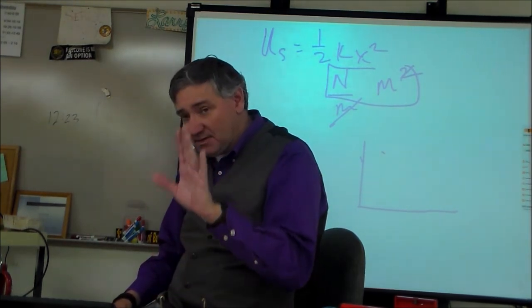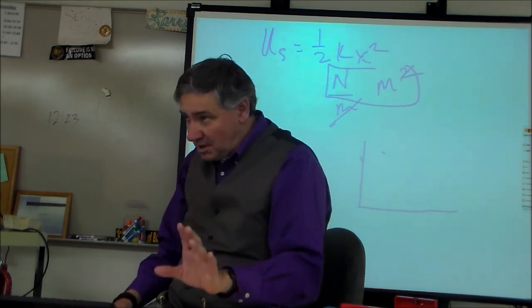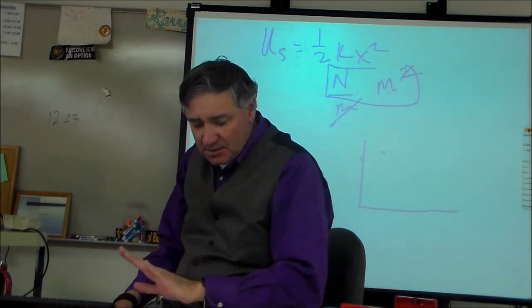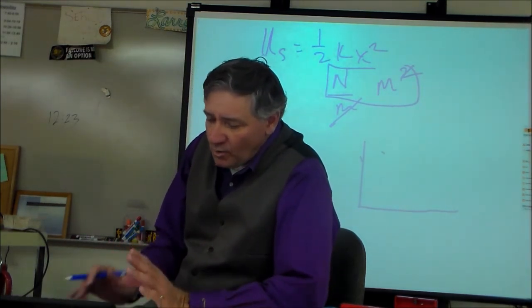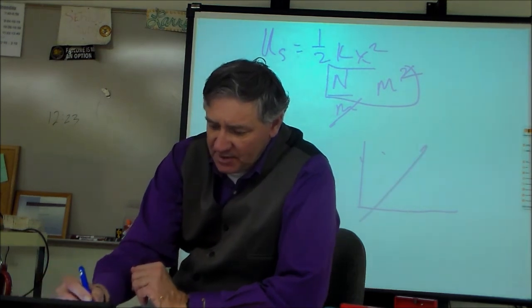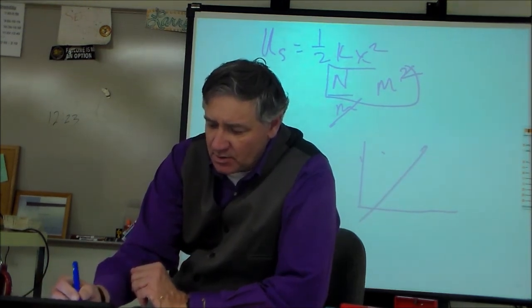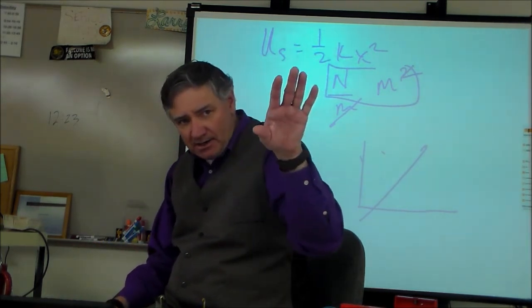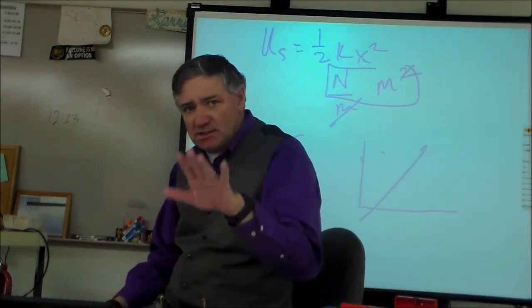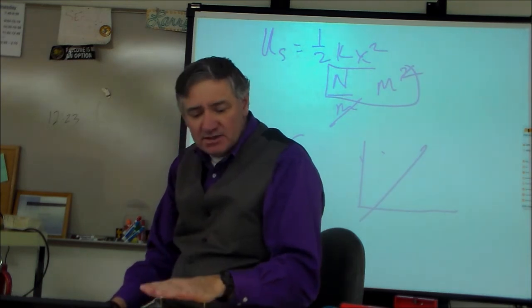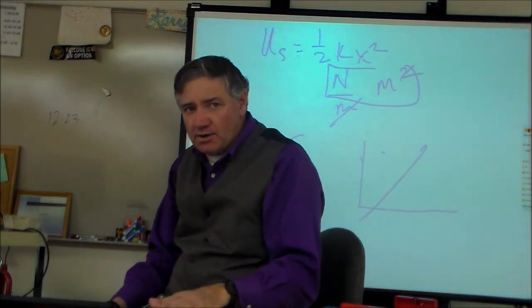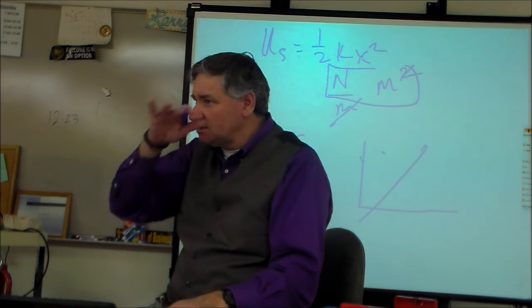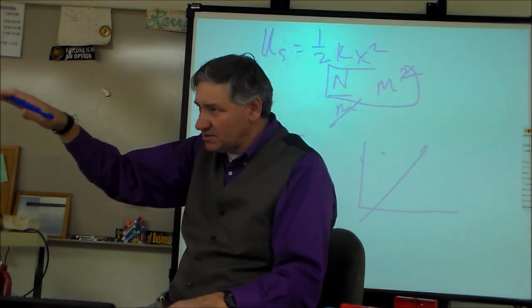You're not plotting length of the spring, you're plotting elongation. You're going to find the slope of the line. Anytime you have a graph like this, you cannot use work equals force times distance because it's not a rectangle. You have to treat it as a triangle, okay? So on number 4, do not use work equals force times distance because we're not applying the same force over that distance.